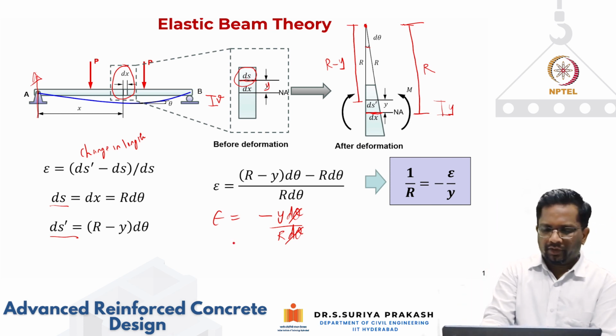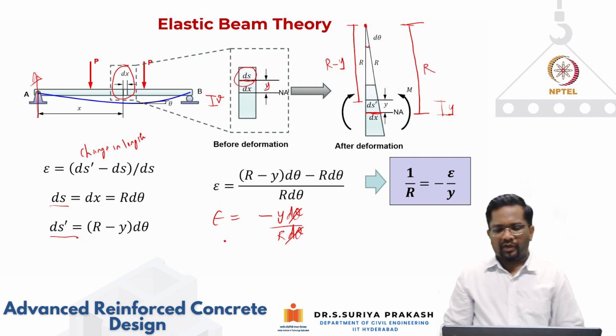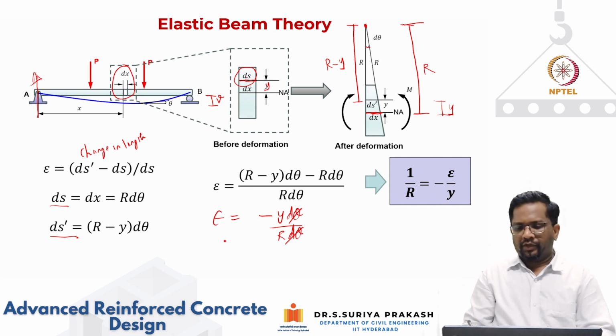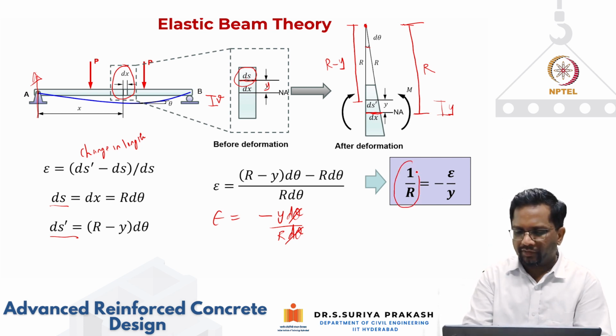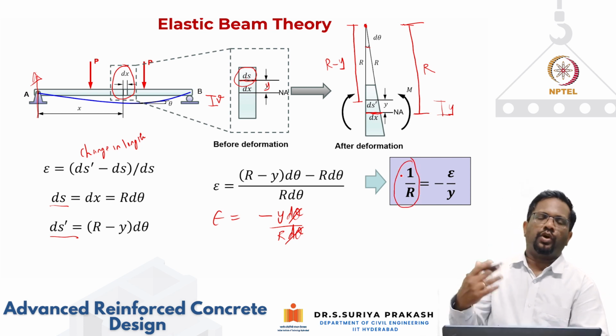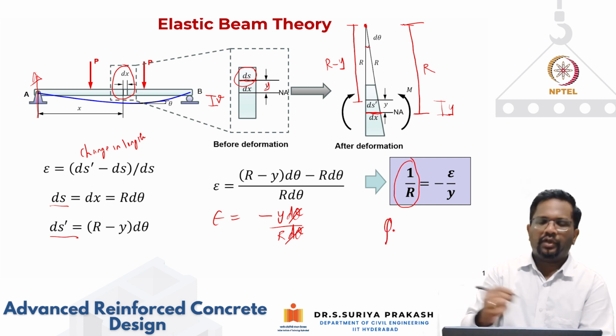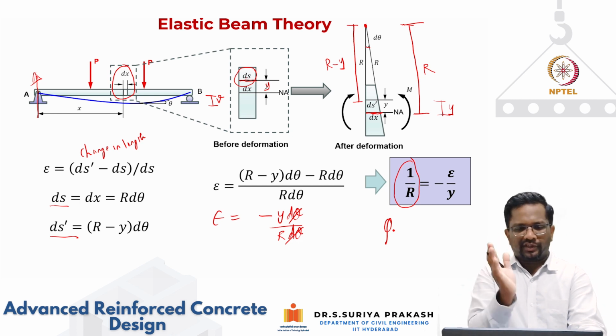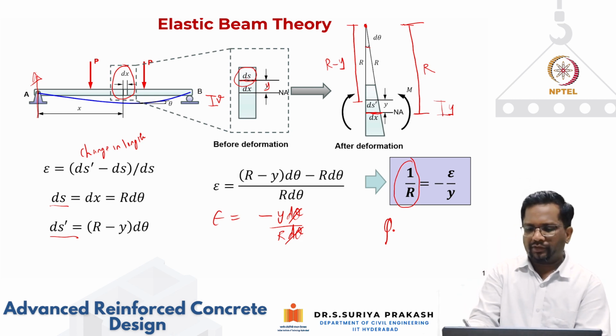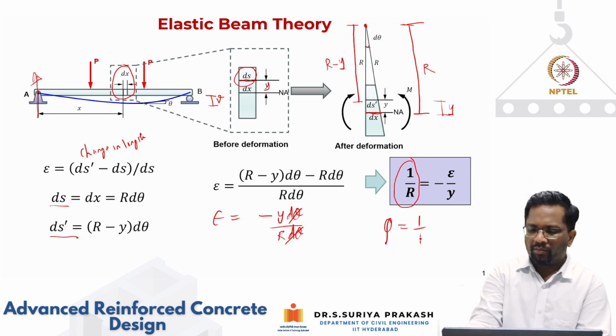And also you can write that as 1 by r is nothing but epsilon by y. R is the radius of curvature. What is 1 by radius of curvature? It is nothing but your curvature, which is nothing but your rotation, how much the section has actually rotated. We always also write it as phi, which is equal to 1 by r.